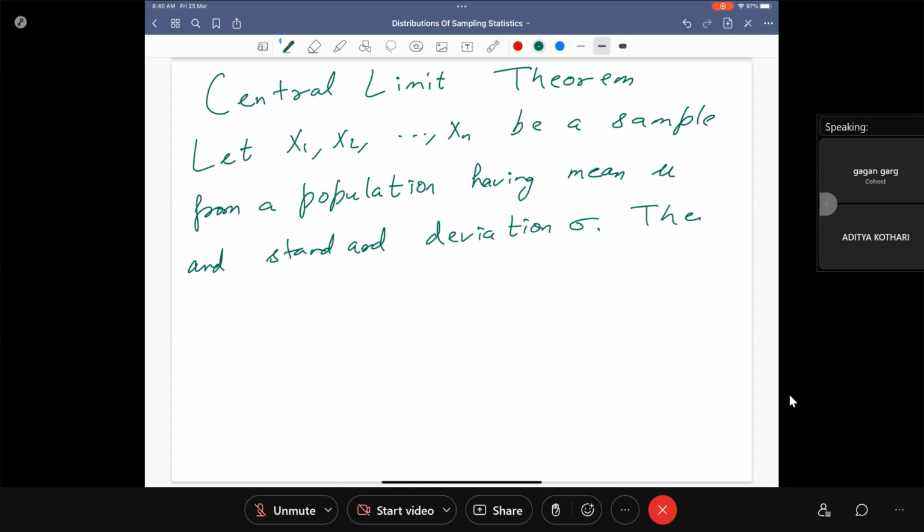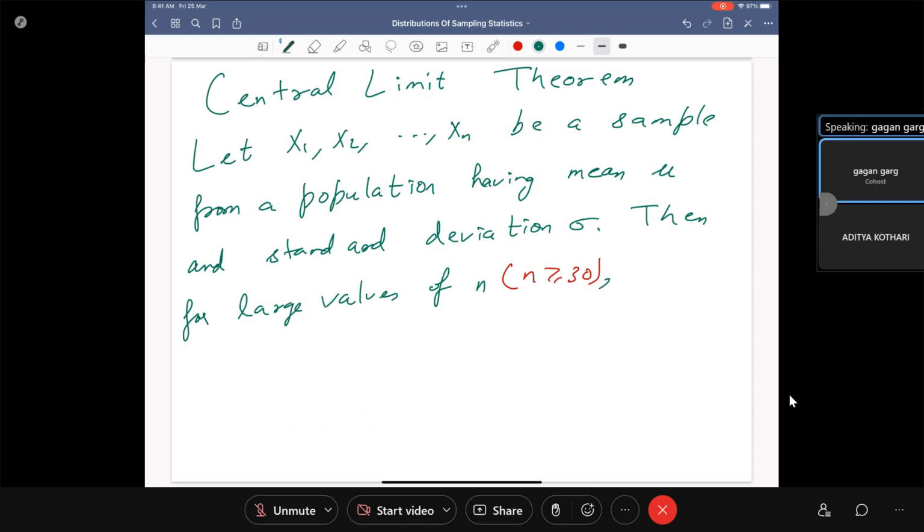Then for large values of n, and by large we mean, let's say, 30 or more, but sometimes even a lesser value may work, but definitely more than 30 would work.